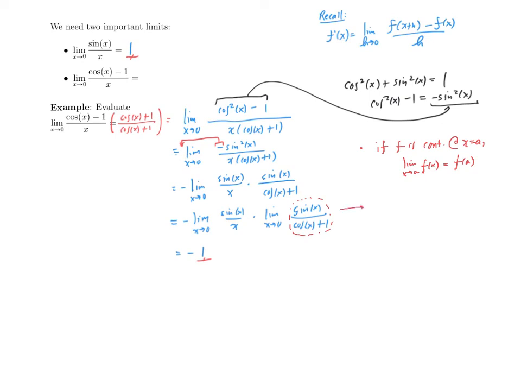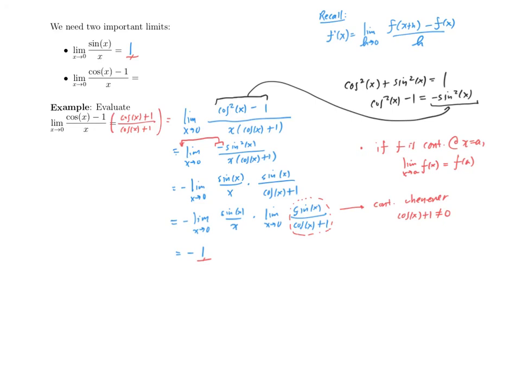And note, this function would be continuous whenever cosine x plus 1 is not 0. And the reminder is all trig functions, especially sine and cosine, are continuous within their domains, wherever they are defined, which for sine and cosine is everywhere. So this combination of continuous functions is continuous as long as it's defined, which would be precisely when you are not dividing by 0.